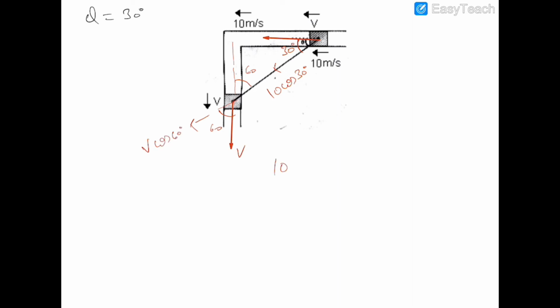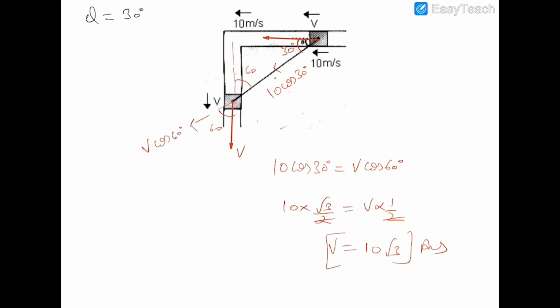So 10 cos 30 degree will be equal to v cos 60 degree, and this 10 cos 30 is root 3 by 2, and cos 60 is 1 by 2. So we can see that v will be equal to 10 root 3. This is the correct answer. Now we move on to the next question.